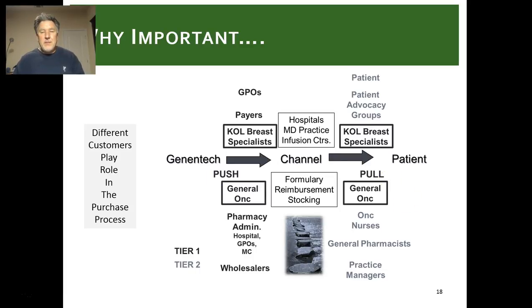On the top line, you have certain players that play a role in influencing the push process, which means loading a drug into a formulary and getting it covered by a formulary. You may have some folks that may not support it or play a role. So you need to understand the role of these different players in that strategic piece.